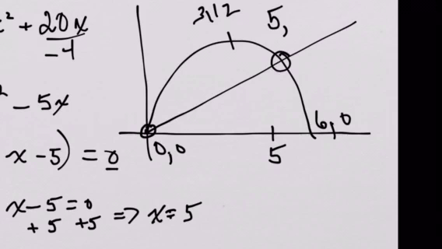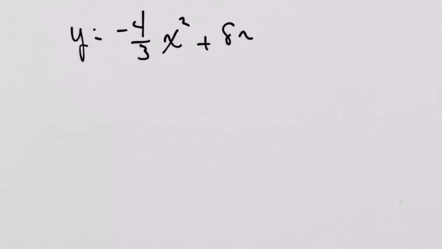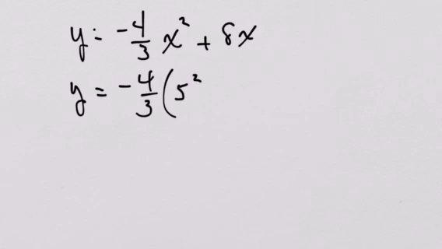Let's pause for a second. If we go back to our original equation, which simply says y equals negative 4 over 3 x squared plus 8x, and now we substitute a 5. So we get negative 4 over 3, and then I substitute that 5 that we just derived.